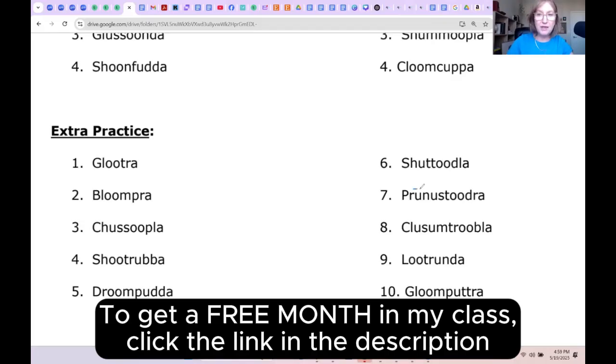So we have a oo here because of the tab 2 rule. This oo says oo. Our reading hack for the day, and a at the end says uh. Take your time, go for it. Focus on this R. If there's going to be a hard letter in this word, it's going to be that R.